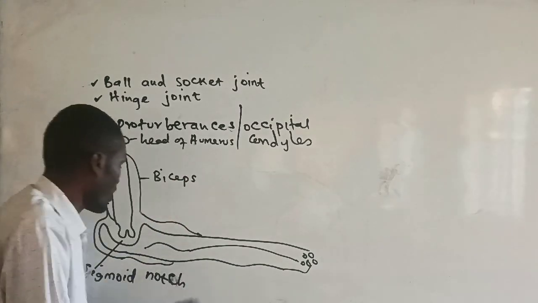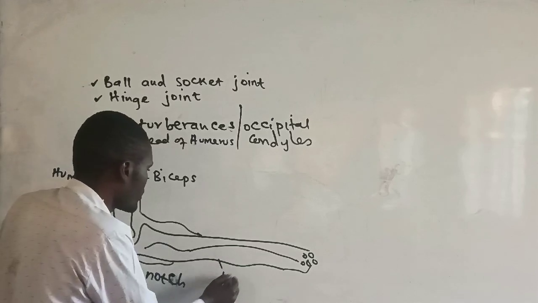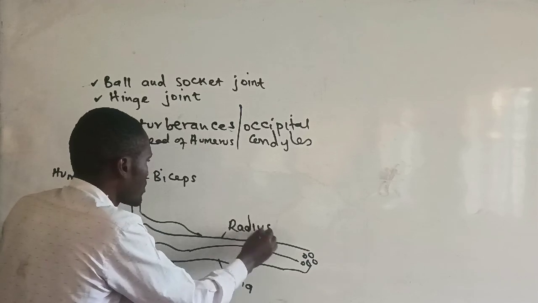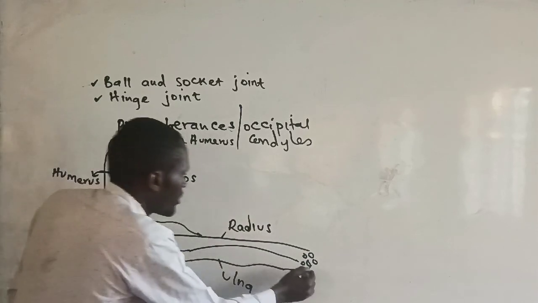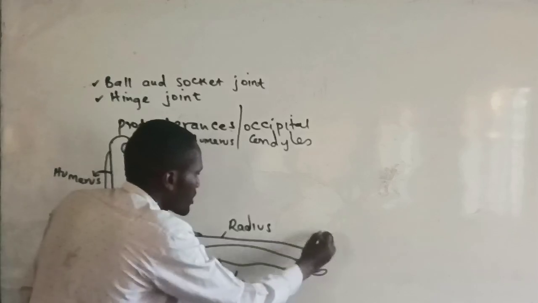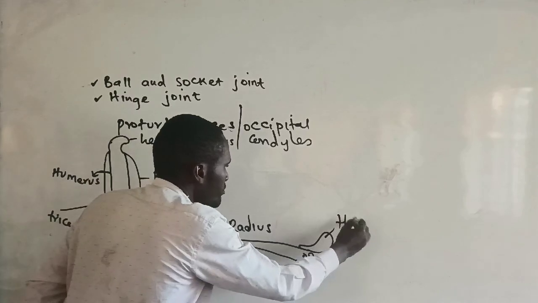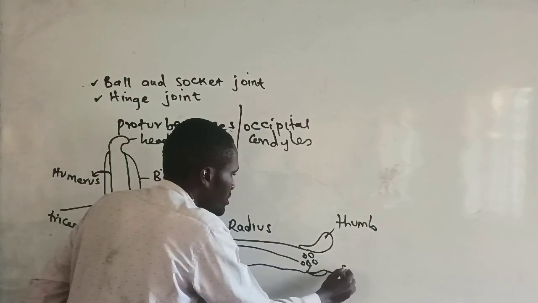So we can have this one as our ulna and this one as our radius. Correct? There must be a short finger here, there must be a thumb here. So this can be our thumb, this can be our small finger.